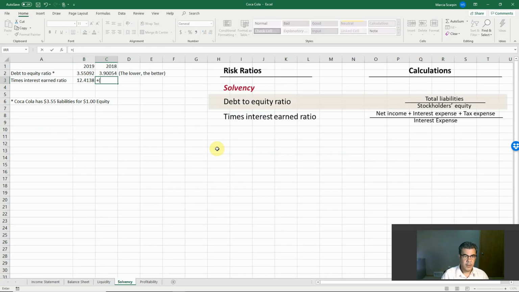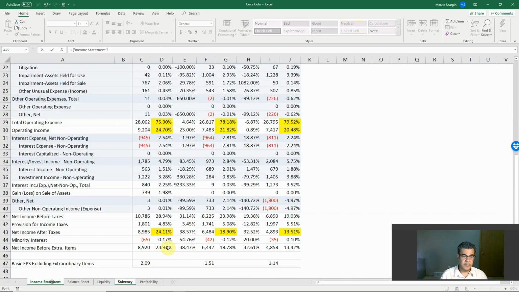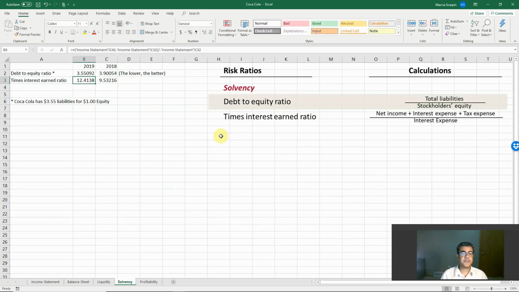12.41. Let's do it for 2018. Net income before taxes, less interest expense, divided by negative interest expense. Let's do the same here. 31 instead of 32, then we have the total.